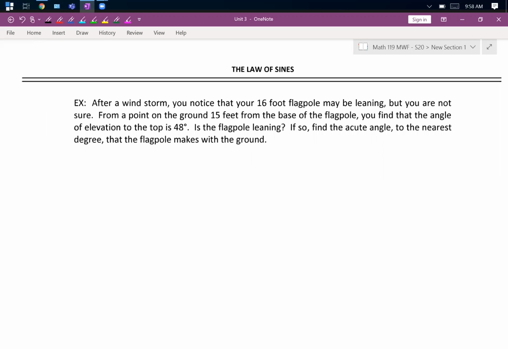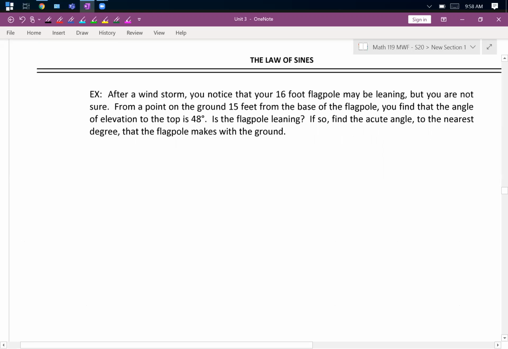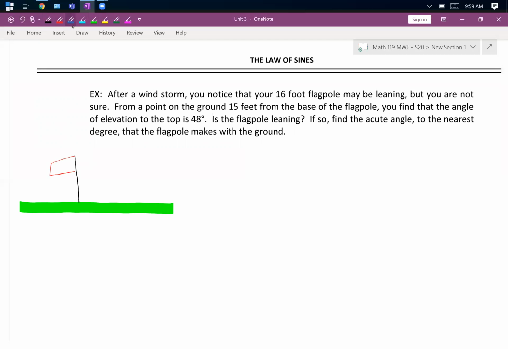Well, as always, I always want to start with a picture. So here's the ground. Here's my flagpole that might be leaning. It tells me that this flagpole is 16 feet long.